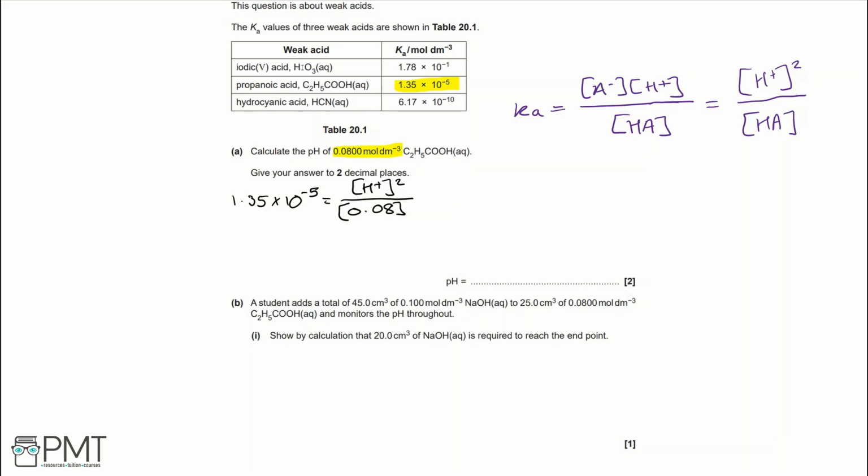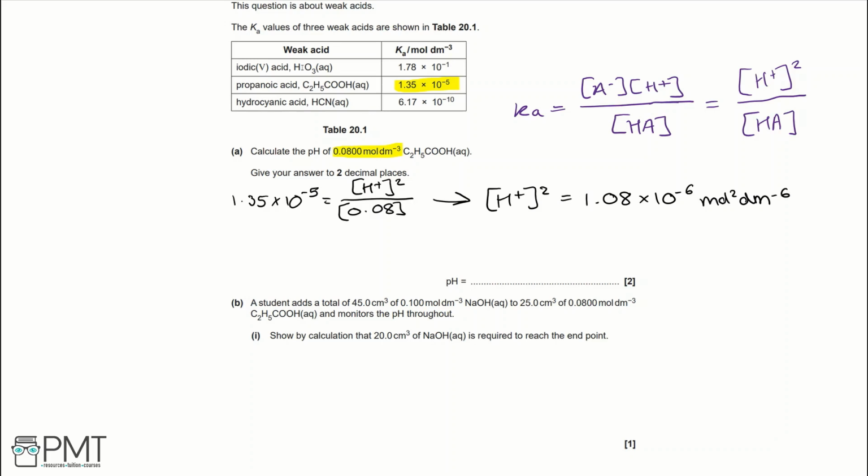Then we can rearrange to work out H plus squared by multiplying across our 0.08. So that means that our H plus squared equals 1.08 times 10 to the negative 6 moles squared decimeters to the minus 6.